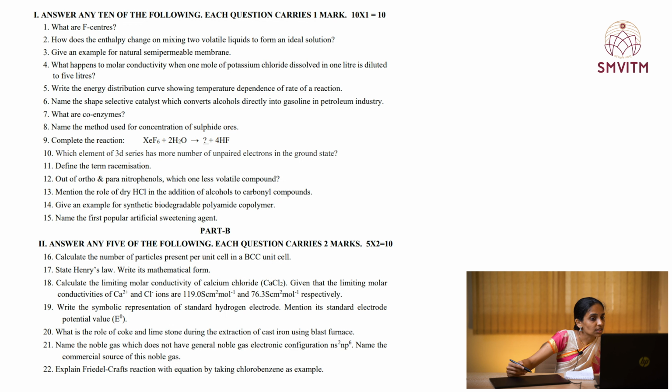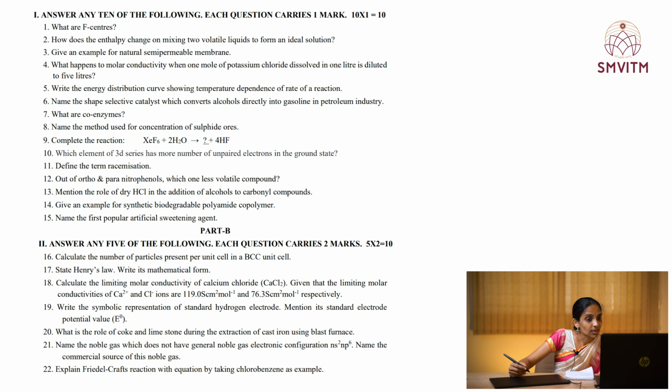Then define the term racemization, a haloalkane question. Conversion of enantiomer into its racemic mixture is the answer. 12th is an alcohol phenol chapter question. Out of ortho and para nitrophenols, which one is less volatile?